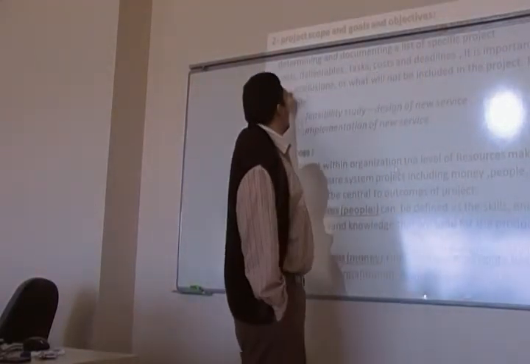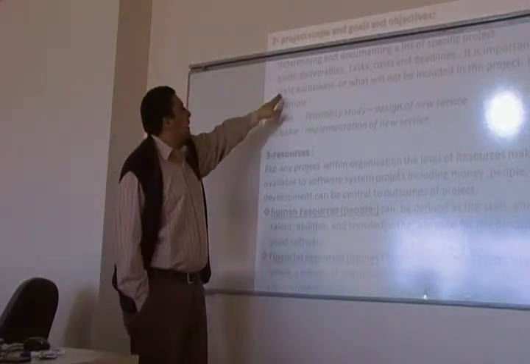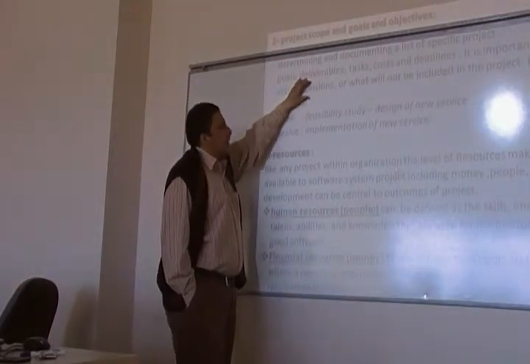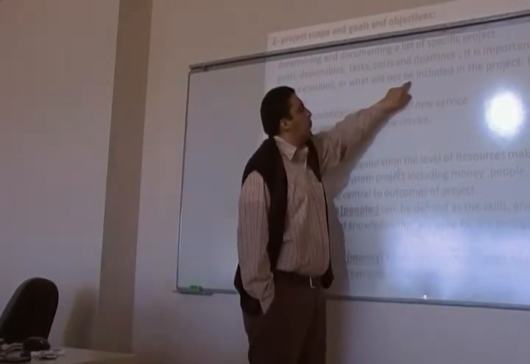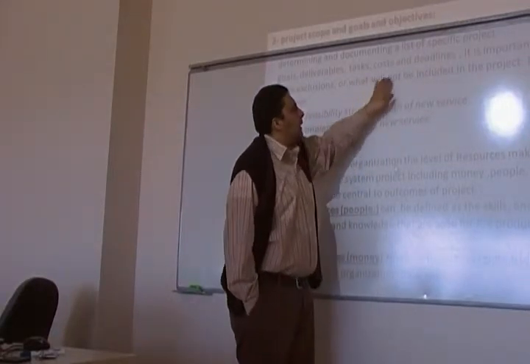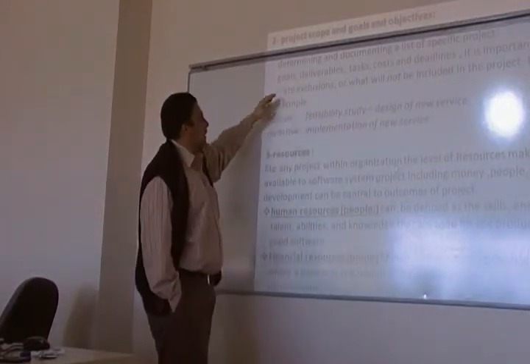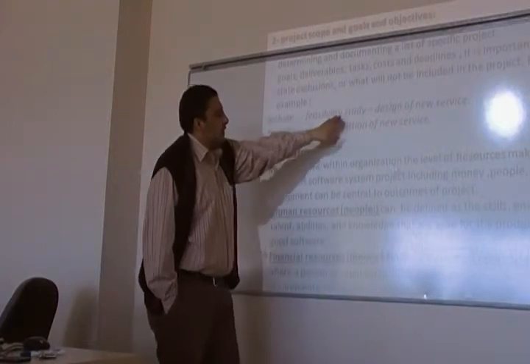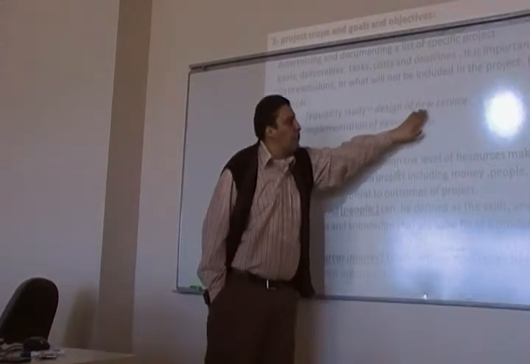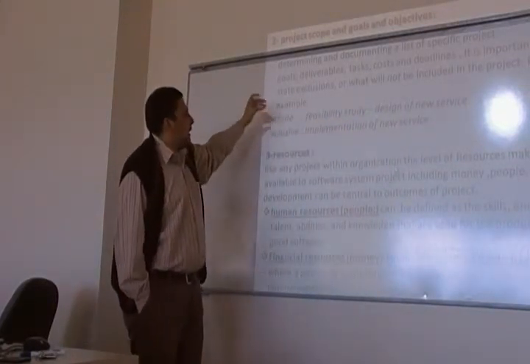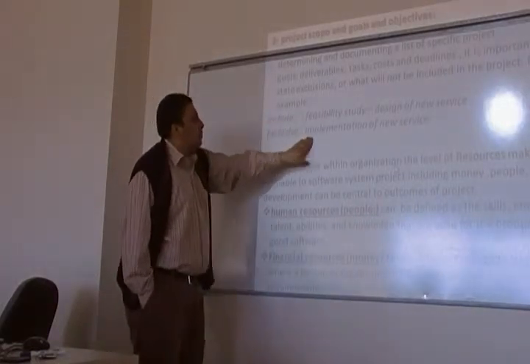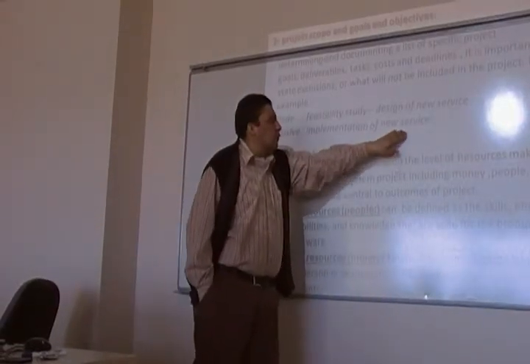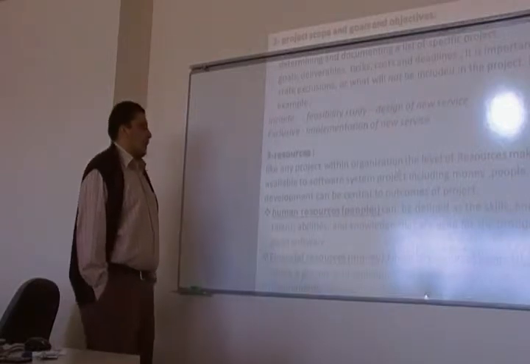It is important to state exclusions, what will not be included and what will be included, such as including a feasibility study or design of a new service, but not implementing the new service.